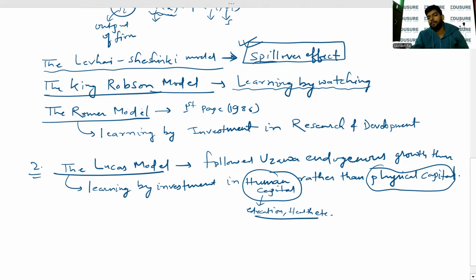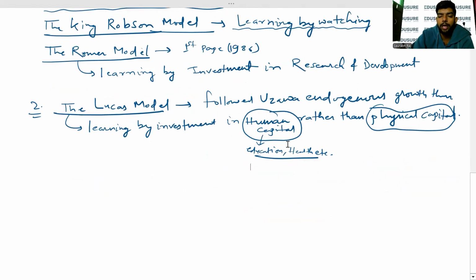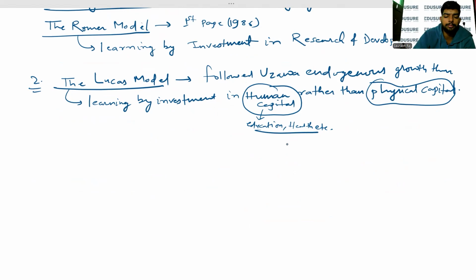Okay. Then physical capital, I already told you, is investment in physical assets like buying inputs, raw materials, intermediate goods. The formulation goes like this: AK, and these factors all try to imply the same.